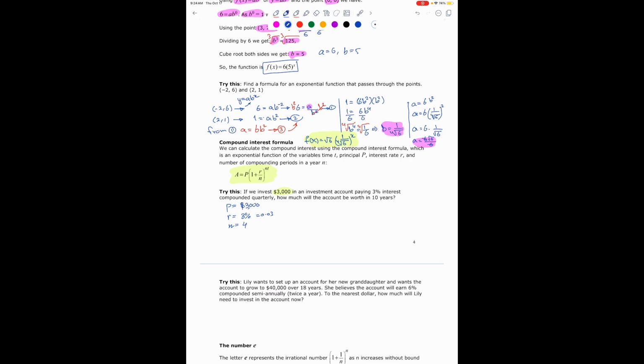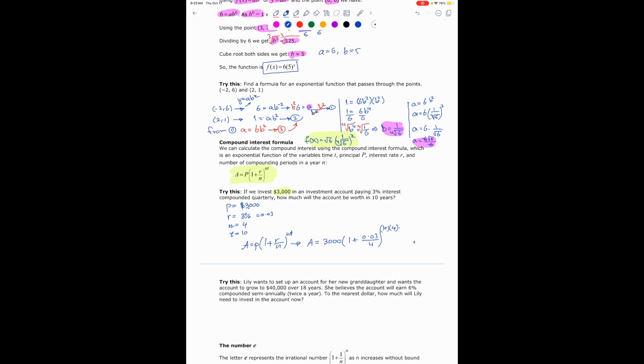How much will the account be worth in 10 years? So t is the time, which is in this case in years, 10 years. We're going to apply the formula. So we have A equals P times 1 plus r over n raised to the nt power, and that will leave us with A equals the principal, 3,000, times 1 plus 0.03 over 4, all raised to the nt power, which is 10 times 4.